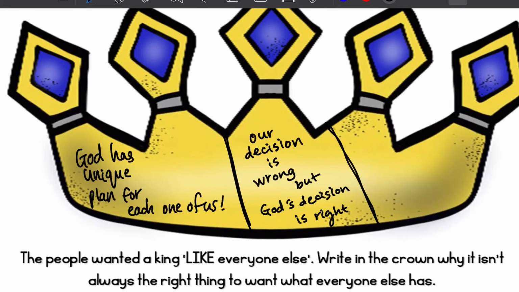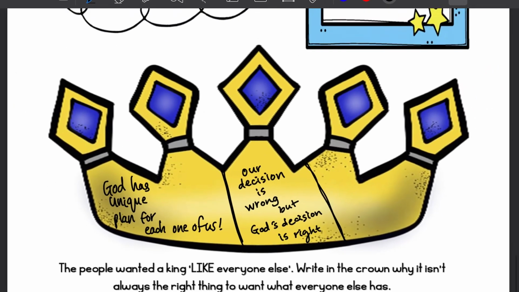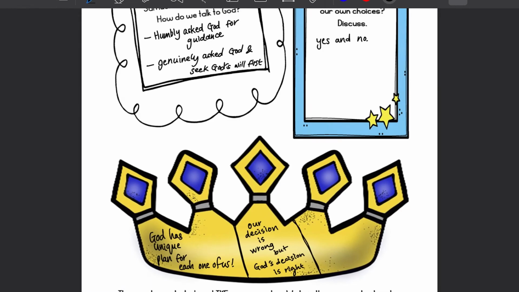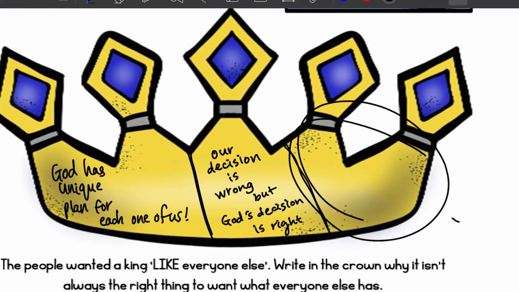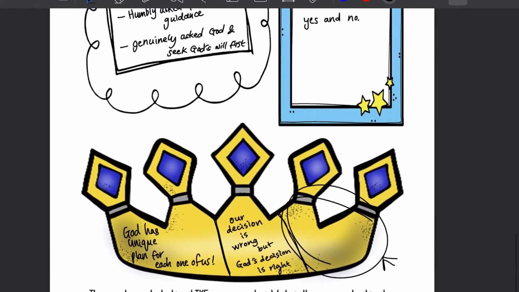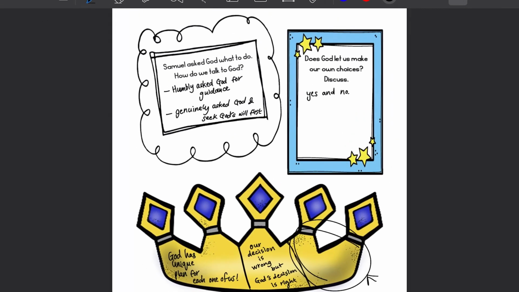So sometimes we need to understand that our decision can be wrong and really seek God's will. That's why I said Samuel did great. He genuinely asked God and sought God's will first. And I will put another answer place for you guys to fill in. And yeah, please discuss with your family and friends when you have time to talk.